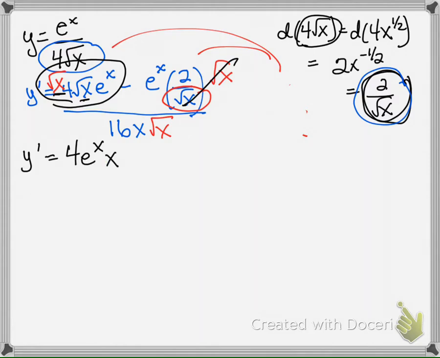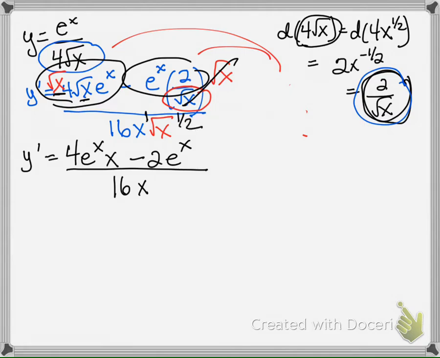And it doesn't matter what order we wrote those 3 things in, okay? Minus, this is just 2 e to the x. And on the bottom, I have 16 x to the, what is that? Well, it's x to the first and x to the 1/2. When you multiply, you add. So it's 1 plus a half, 1 1/2, or 3 halves.